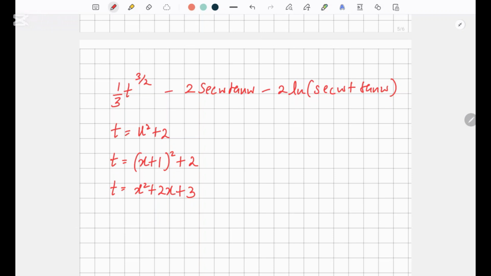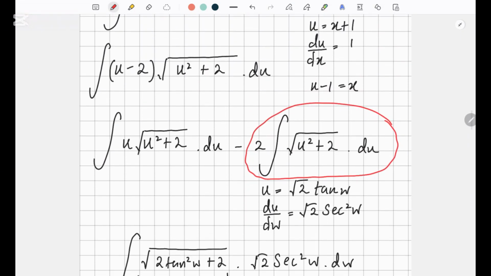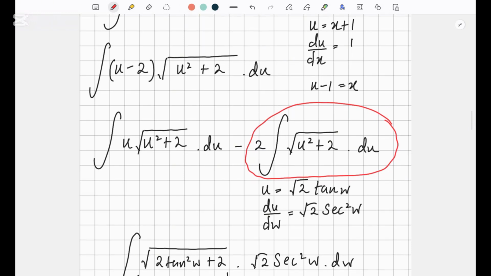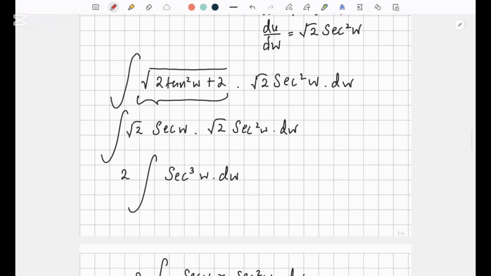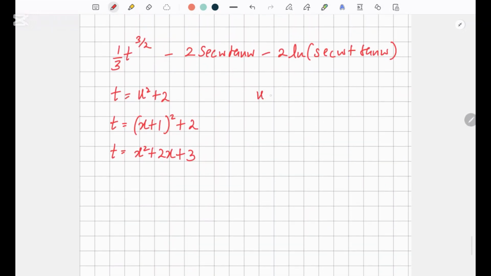Okay. Now what's tan w and sec w? How do you find that? So we had, let me just go up again, we had u equals root 2 tan w, right?